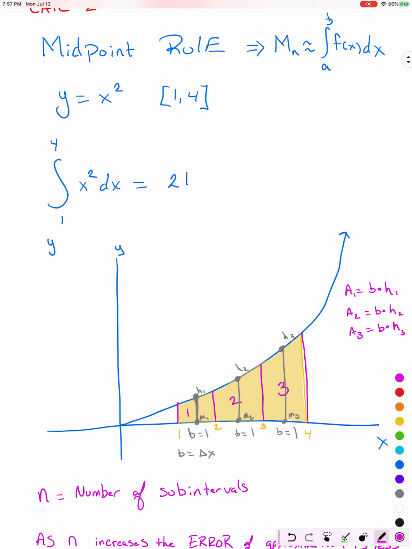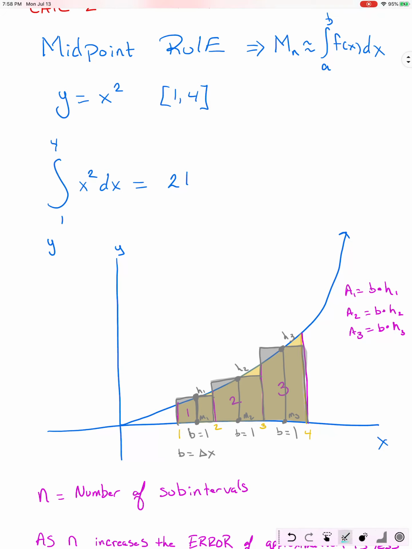If I sketch out what those rectangles look like, I choose the midpoint to be my height approximation for each of those 3 rectangles. What I would have is this rectangle 1 plus this rectangle 2 plus this rectangle 3, and add those all together. That would equal an approximation to my area underneath the curve.